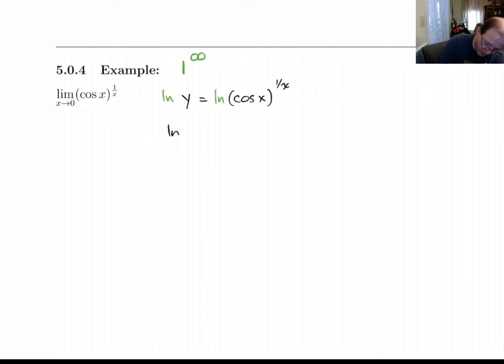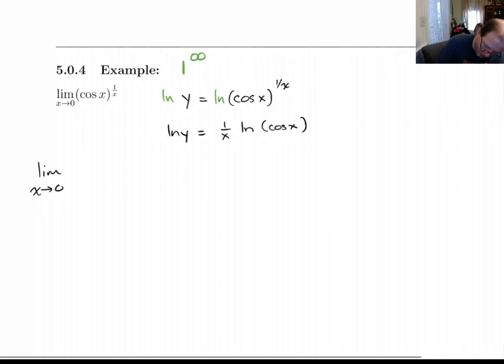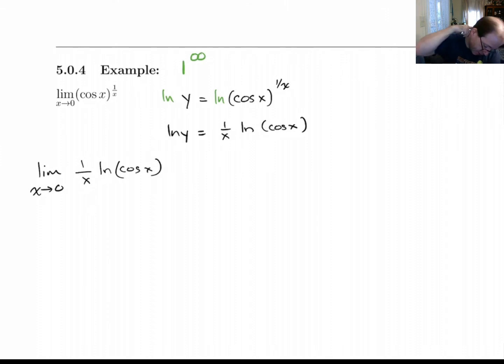And so we get ln y is equal to 1/x times ln(cos x). So the limit as x goes to 0 of 1/x ln(cos x). When x goes to 0, cosine goes to 1, and this is ln of 1, which is 0. So we've turned this into an infinity times 0 type.